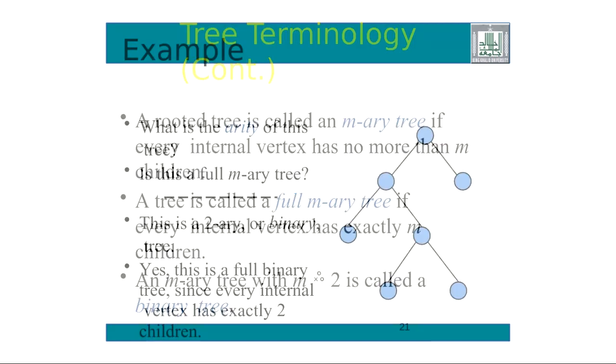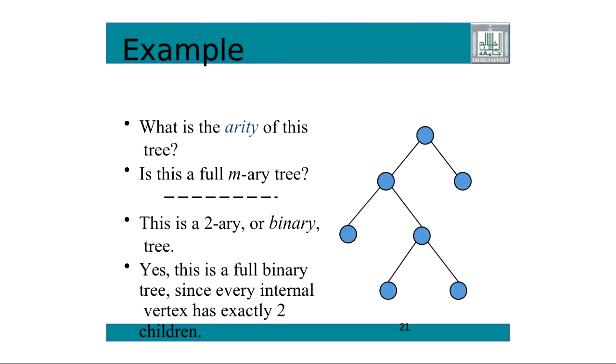Okay, see here, consider an example. What is the arity of the tree? In this full m-ary tree, this is a 2-ary or binary tree. That means each parent has 2 children, for this 2 children, and for this 2 children, and for this 2 children. So why can we say this is a full binary tree? Because each parent has 2 children, right? So that's why we can say this tree is a binary tree.